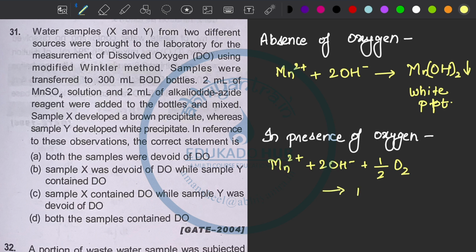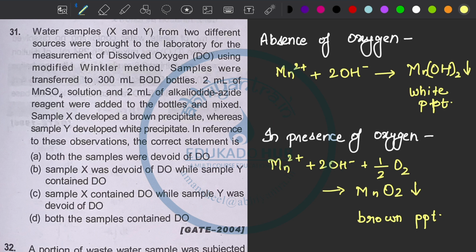It gives MnO2 precipitate, that is of brown color. Okay, so in absence of oxygen, Mn will react and give white precipitate, and in presence of oxygen, this MnO2, that means it becomes a brown precipitate.